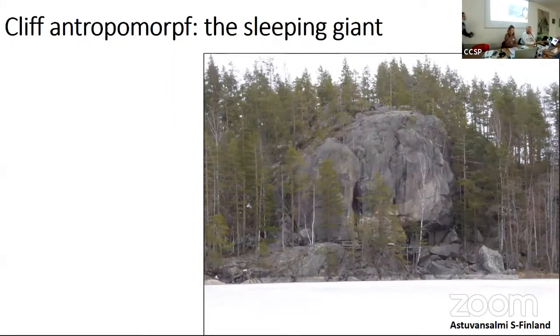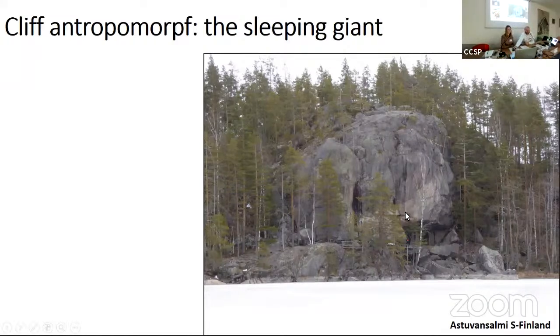And we also see... yeah. And if you then see this cliff, you can also see how the whole cliff is making out an anthropomorph. It's called the Sleeping Giant, and it has quite a lot of rock art in the middle area of the panel.